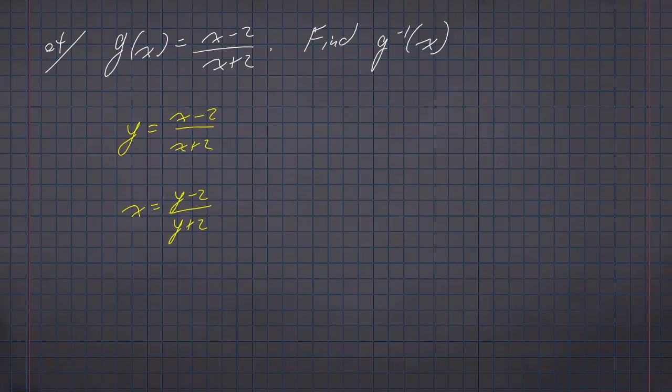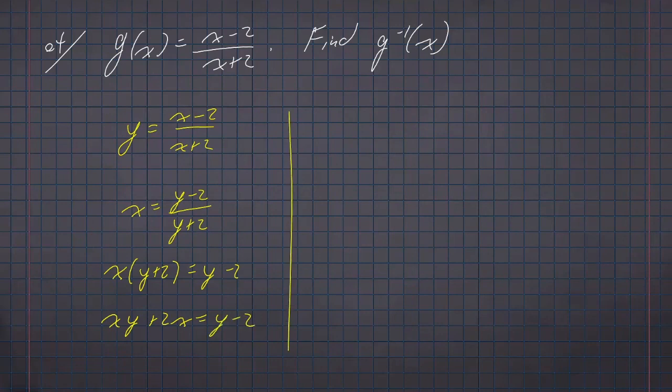I guess in this case, I'm going to have to multiply both sides by y plus 2. And if I distribute there, I get xy plus 2x equals y minus 2. And I can subtract y and subtract 2x to get all my y's and all of my not y's together.